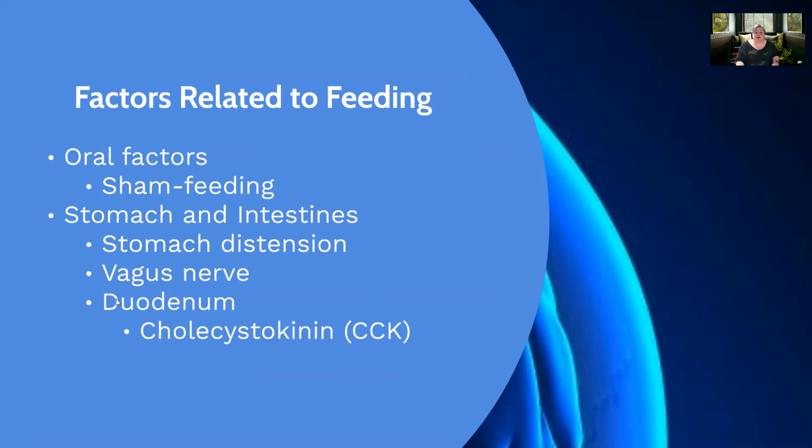This piece, the duodenum and the CCK, tells us what kind of nutrition is in the duodenum, and it will also limit our next meal size. All of these different pieces are associated with our regulation of feeding, basically how much we eat, how we know when we're full, and that kind of thing.